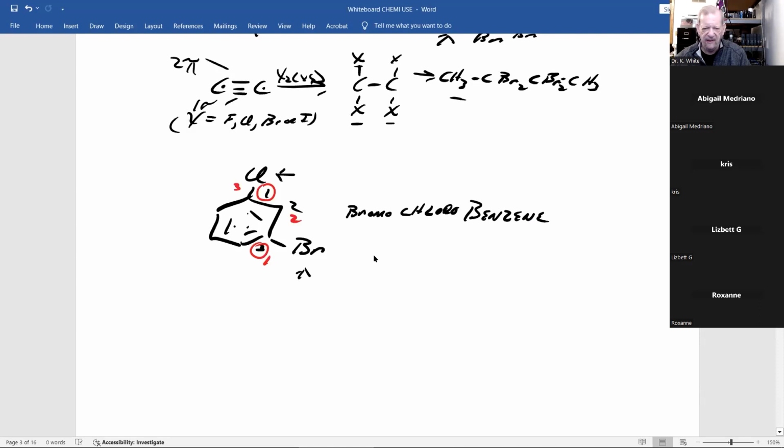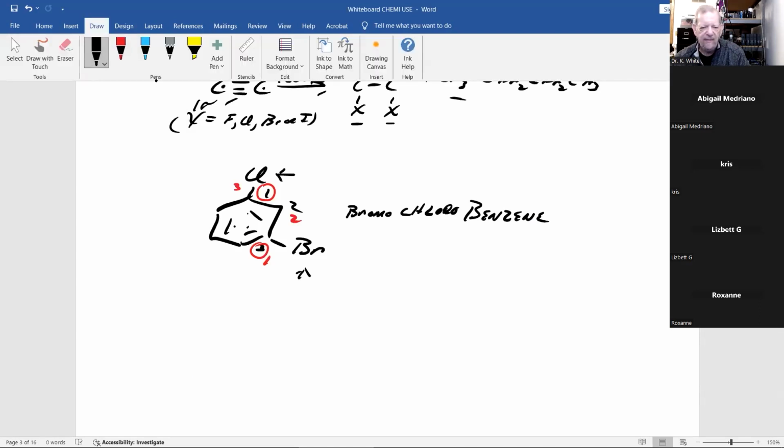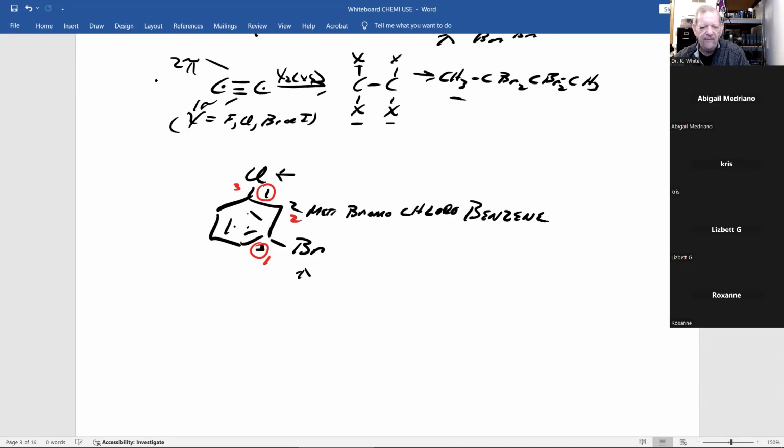So this would be meta-bromochlorobenzene. Now, since I am not holding you, don't tell anybody, I'm being nice. I'm not holding you to the IUPAC alphabetical. If you put down metachlorobromobenzene, I'd mark it correct also.